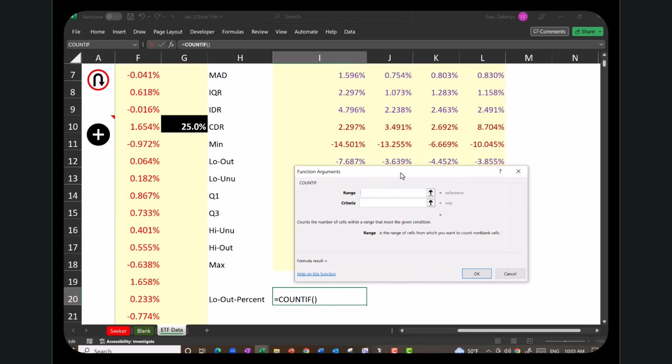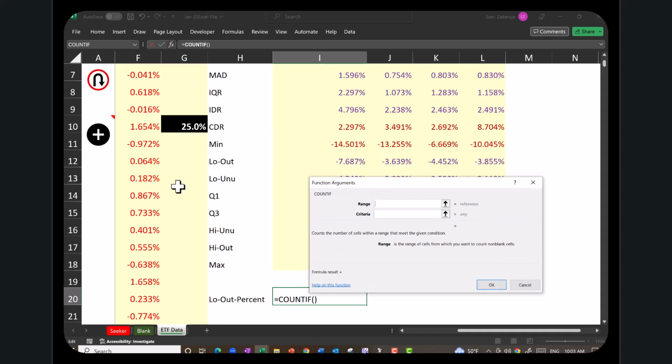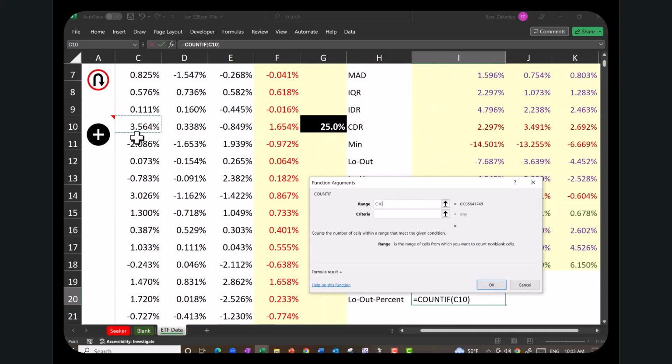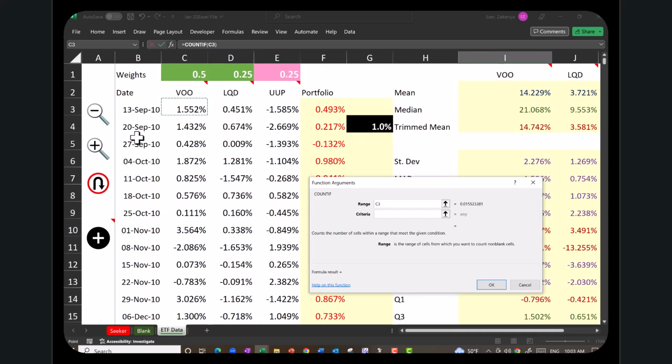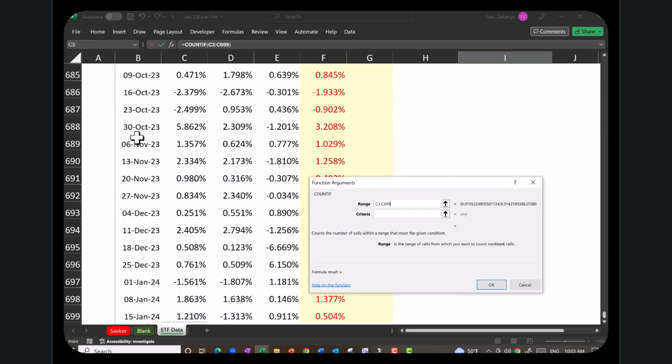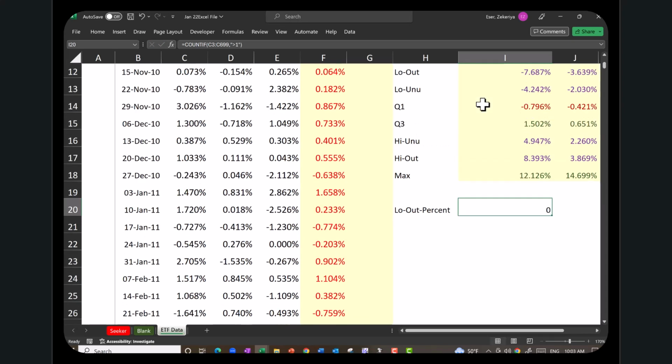One is the range that we're counting, okay? And in this case, I'm going to be counting the woos. And the second condition is, for now, I'm just going to put greater than 1, okay?